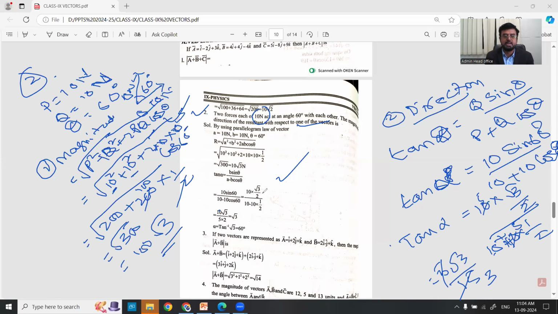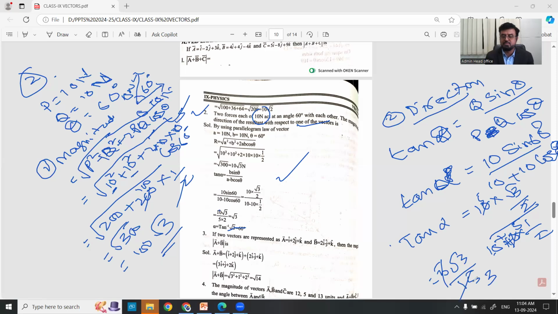There is some problem here. With respect to the vector, it is the magnitude and direction of the resultant. So P minus Q should come here.